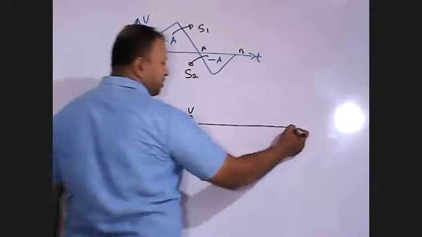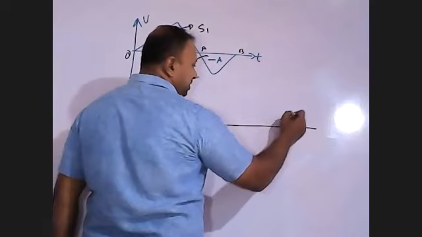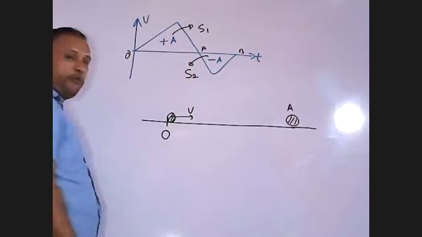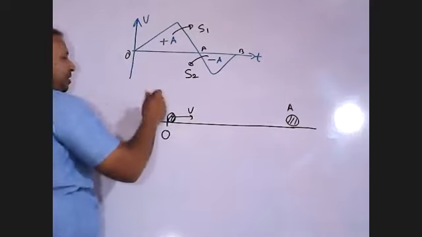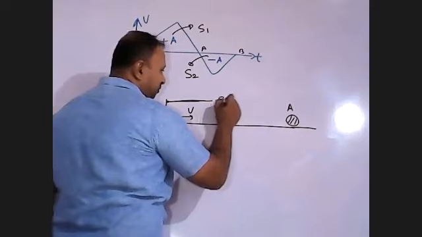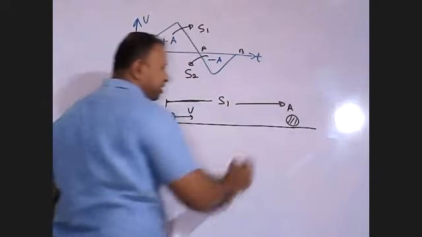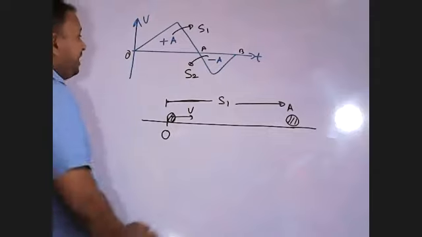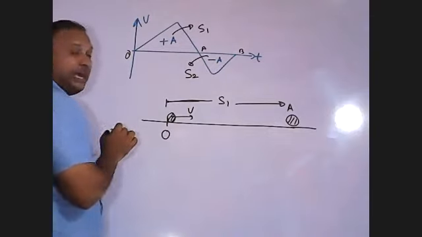Suppose now this is the point A. Therefore, S1 means from here to here, the displacement is S1. At point A, what happened?